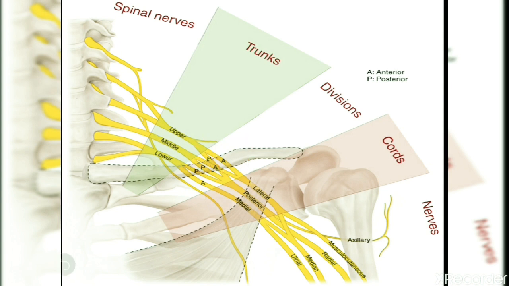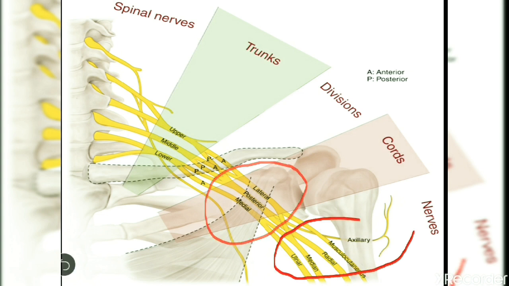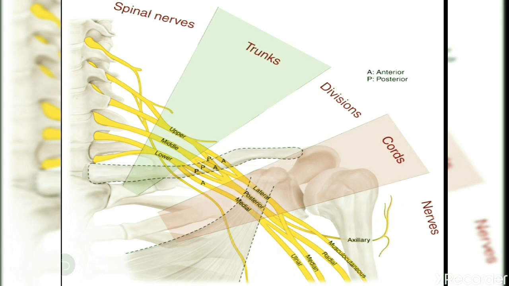Each of the upper, middle and lower trunks has given 2 divisions, anterior and posterior. Now these 6 divisions again give rise to 3 cords: lateral, posterior and medial. And these 3 cords will again divide into 5 main nerves.